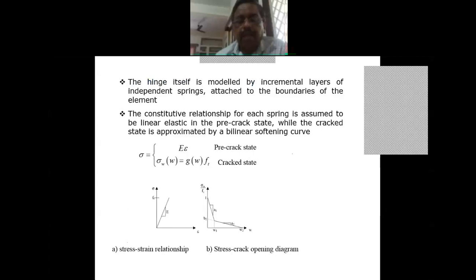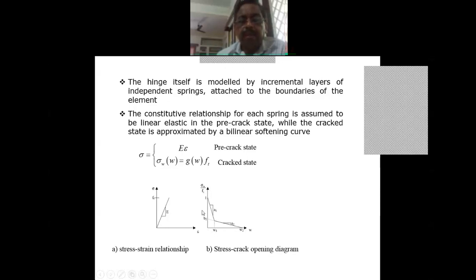We assume the constitutive relation in this way up to pre-crack. Before cracking, we assume a straight line with the E value in tension, so up to the ft value it will go this way. But once it reaches ft, there will be a sudden drop, because the crack starts opening up.